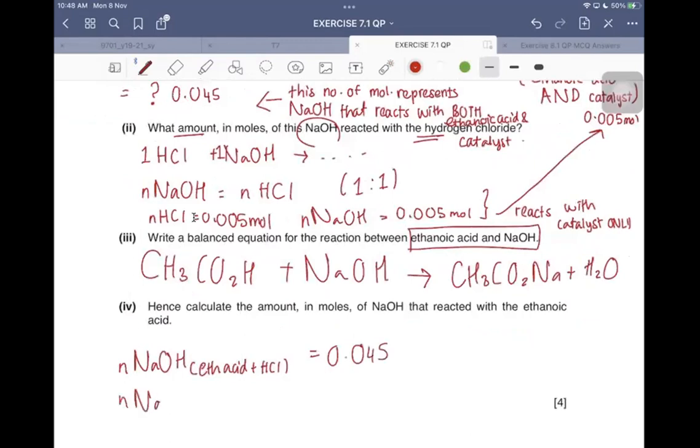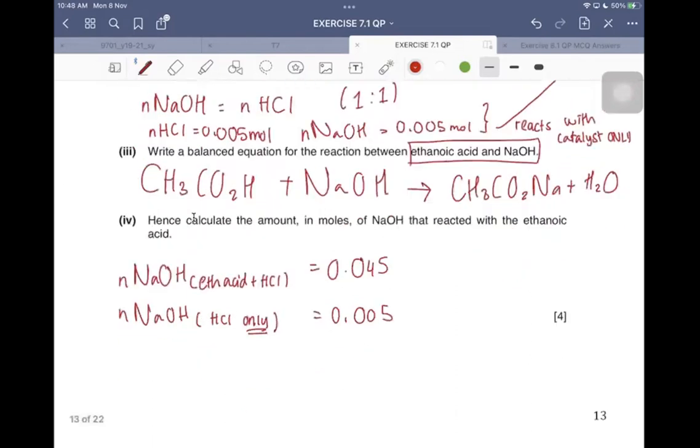The number of moles of sodium hydroxide with HCl only is 0.005. Now, how do you find the number of moles of sodium hydroxide with ethanoic acid only? That you have to work out.